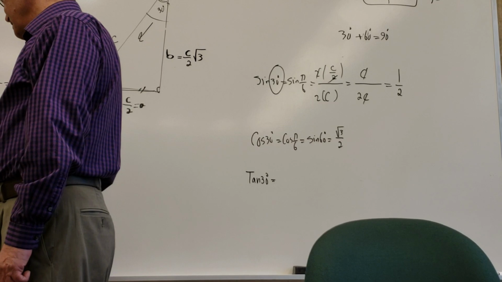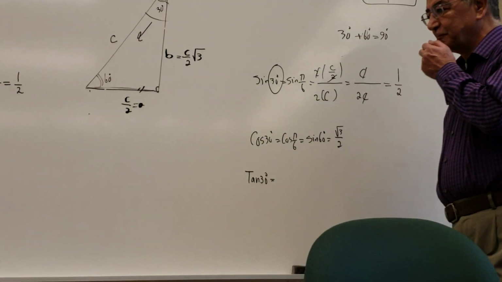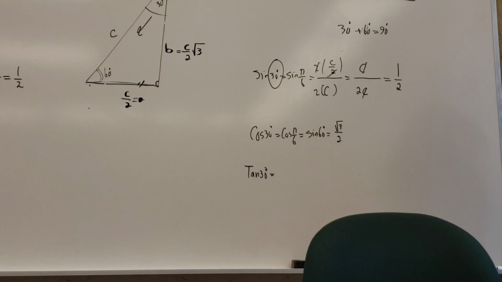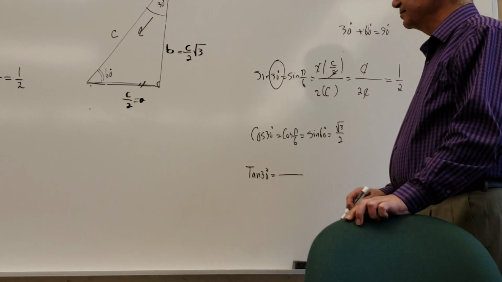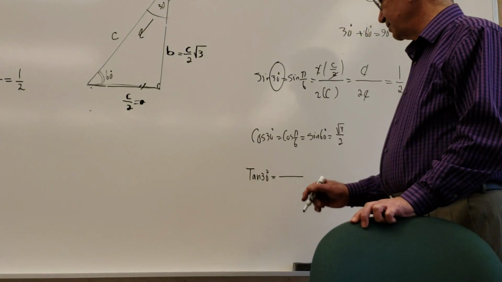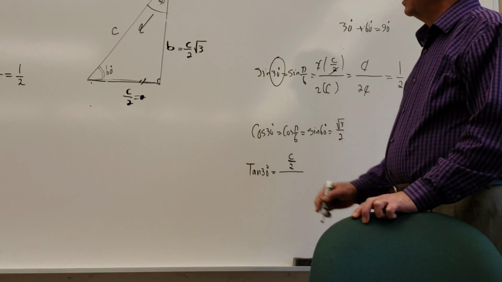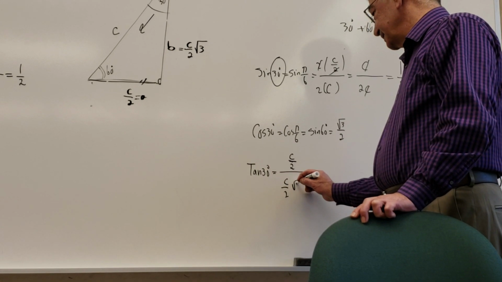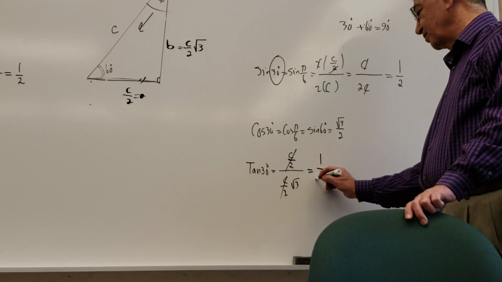These two cancel out, it'll leave you with what? So once I know that one, if I want to get tangent of 30, it becomes what? Your opposite is this one. Your adjacent is this one. But this time when I reduce them, instead of giving me square root of 3, it gives me 1 over what?